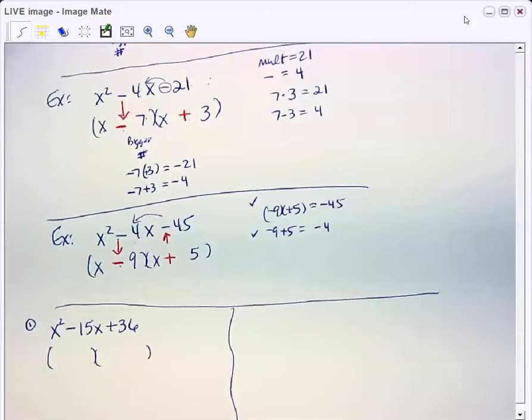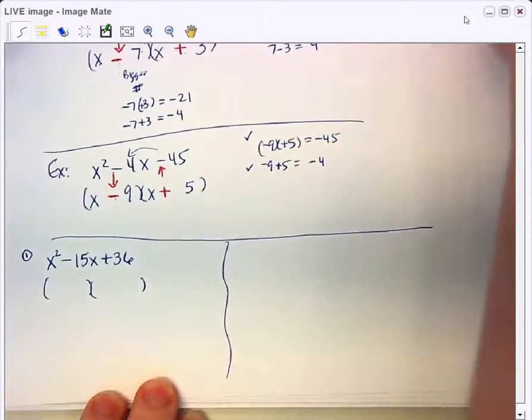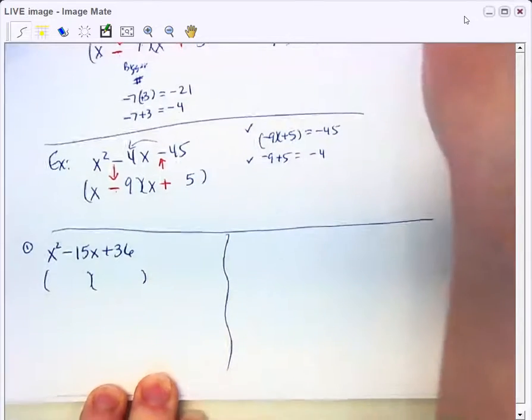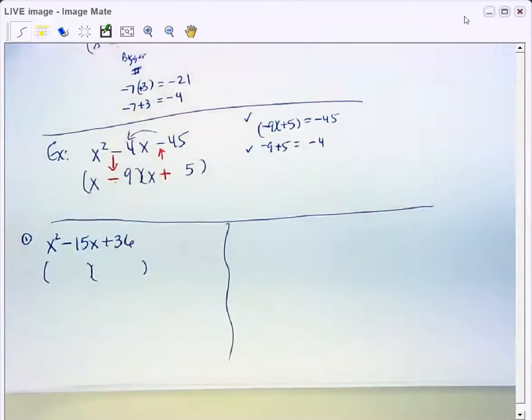I don't know if it's that they didn't know how or if they had been out of practice, but I do this factor review for my students every year, because a good quarter of what you do in Algebra 2 revolves around factoring.